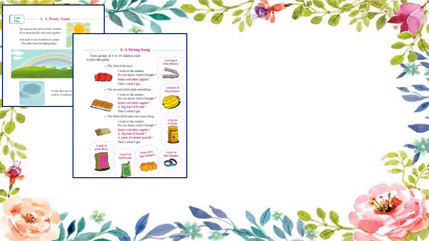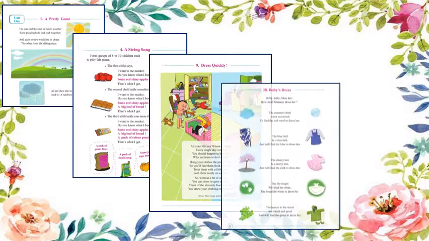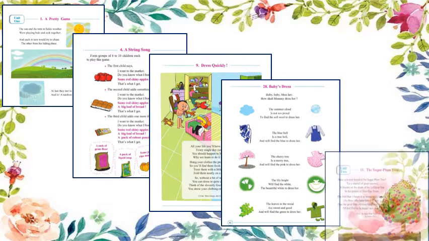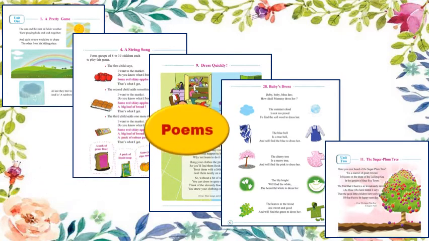See here: a pretty game, a string song, dress quickly, baby's dress, a beautiful poem, the sugar plum tree. Like this, you will learn nice poems and you will enjoy these poems in this year.